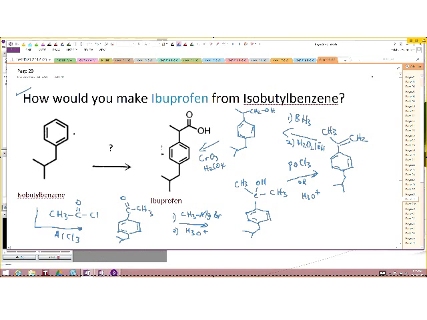Supposing I say make ibuprofen from benzene, keeping in mind that we've already done this part here, we now need to worry about how do we make this. In other words, how do we make this from benzene?